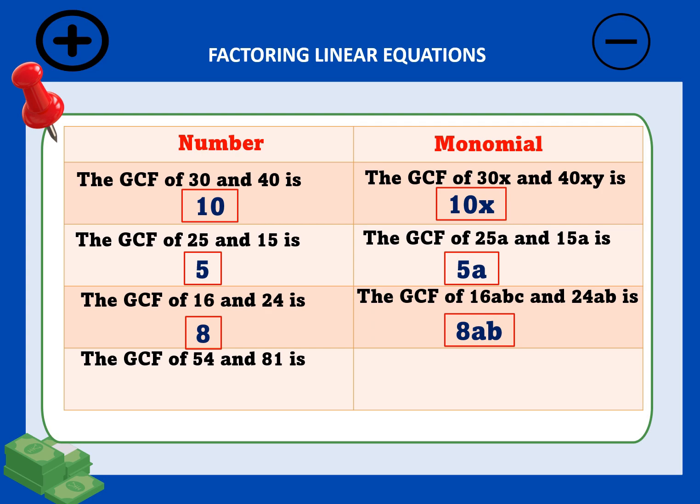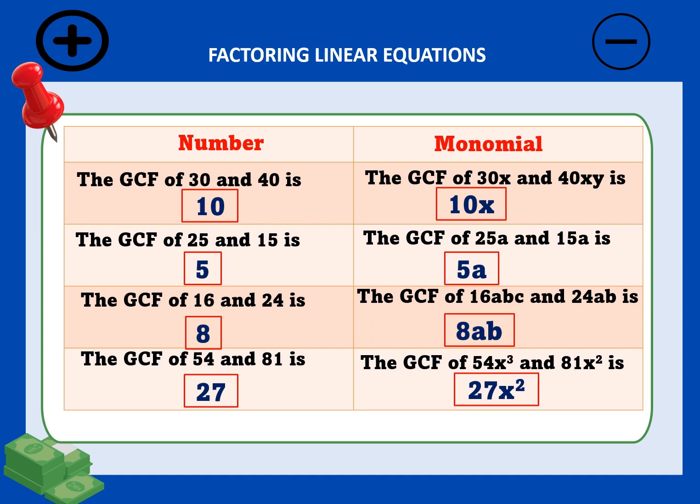Alright, the greatest common factor of 54 and 81 is 27. What is the GCF of 54x cubed and 81x squared? Very good. The answer is equal to 27x squared.